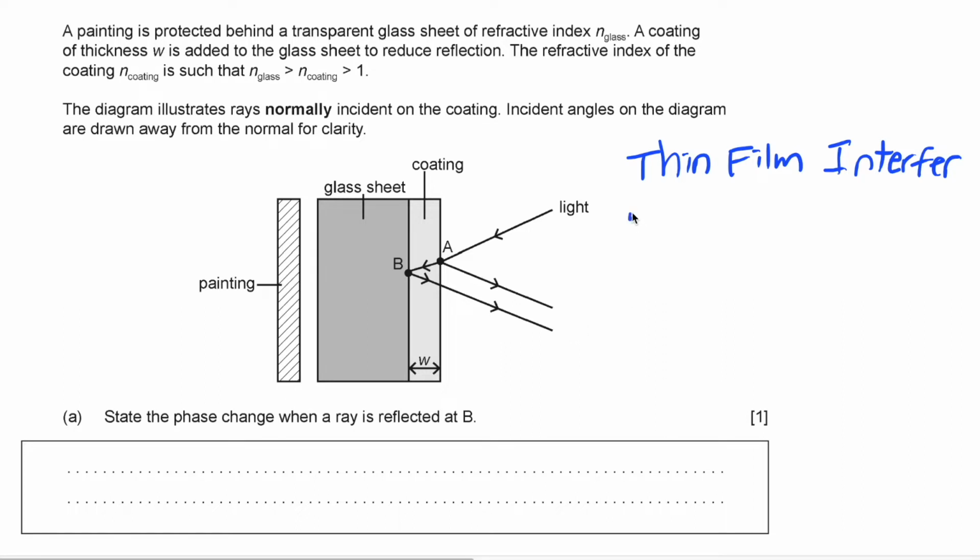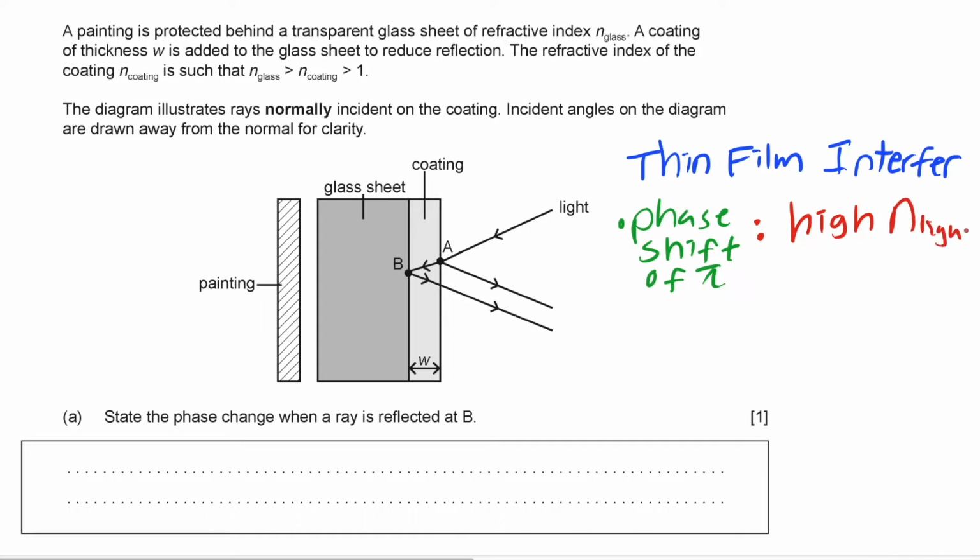For thin film interference, we know that the light will experience a phase shift of pi if the light is being reflected from a high refractive index to a low refractive index, right?